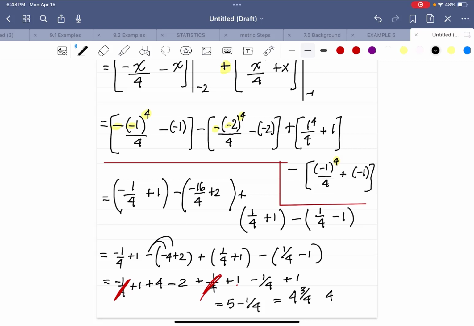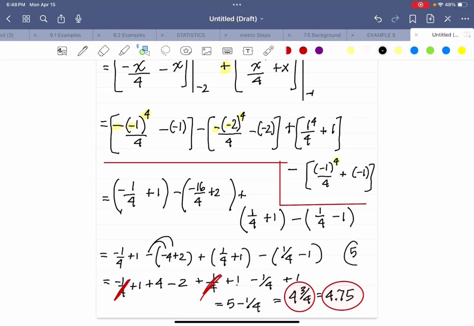Or 4.75, and then pay attention. Do they want the exact, the decimal? Whole number would be 5. If they said round it to the nearest whole number, it would be a 5. And to 1 decimal place, it would be 4.8. So pay attention to the rounding.